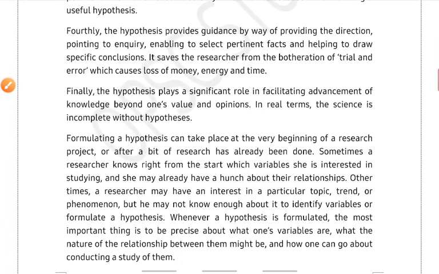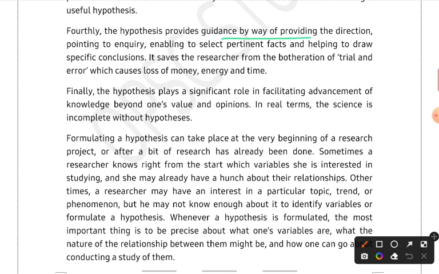Then hypothesis provides guidelines by way of providing the direction. It is pointing to inquiry, enabling to select the pertinent facts, and helping to draw a specific conclusion. It helps to draw all that because you have pre-made a theory, right? So it will be very easy for the researcher to do all this.